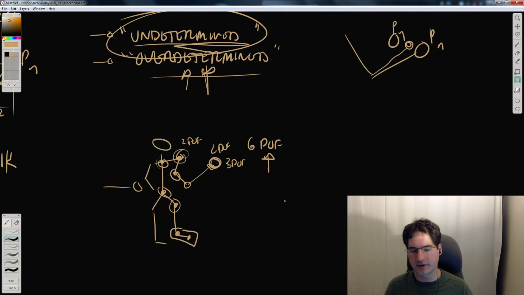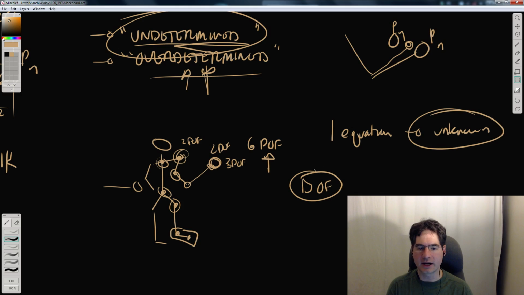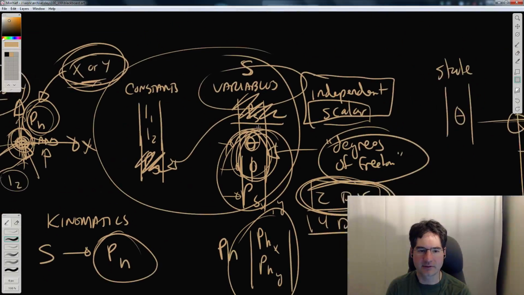junior high school or wherever else, grade school math, right? You know that you need one equation for every unknown. And in our system, we have degrees of freedom, which are essentially unknowns, right? We have the state vector on this side here, right?